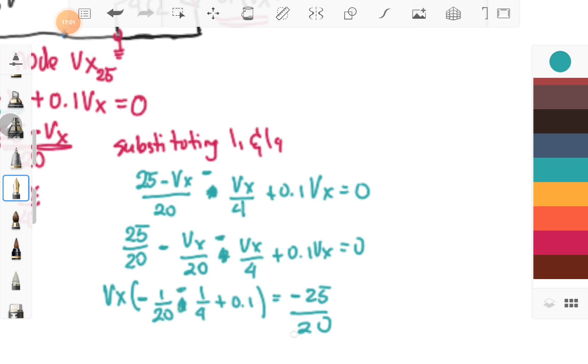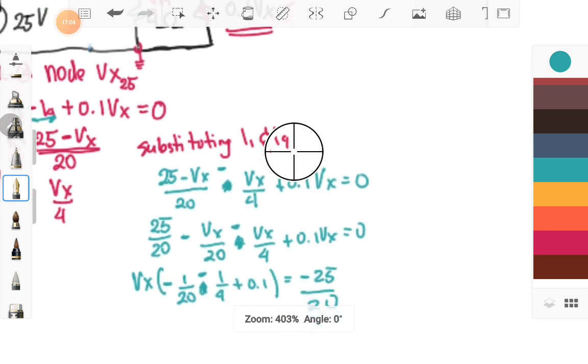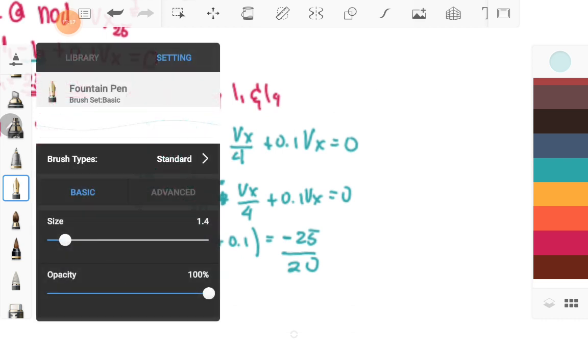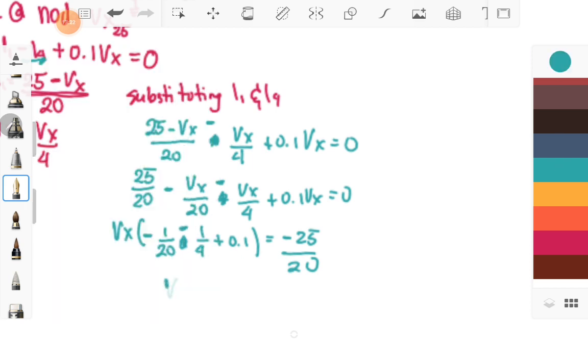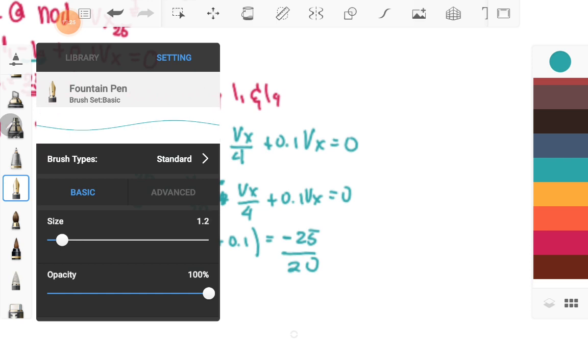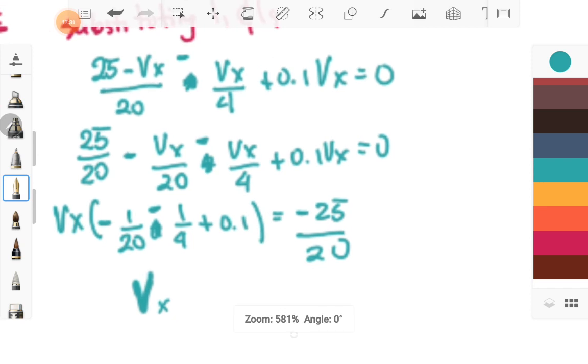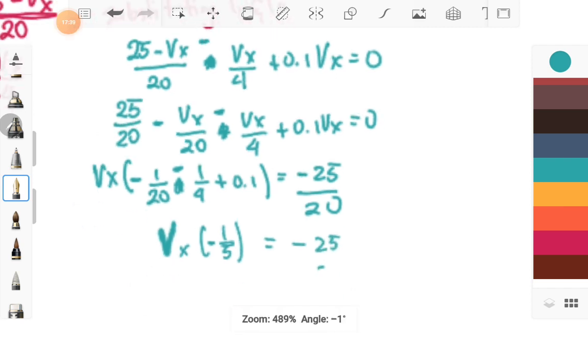So we have a value equal to negative Vx minus 1 over 20. Okay, Vx multiplied by our negative 1/5, which is equal to negative 25 over 20.